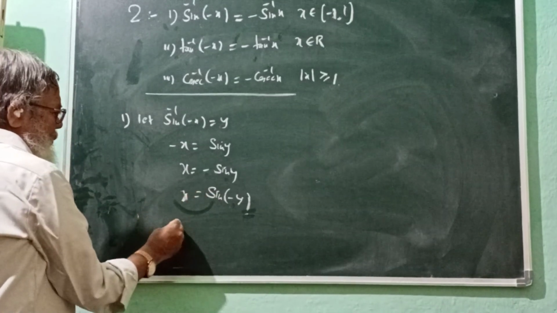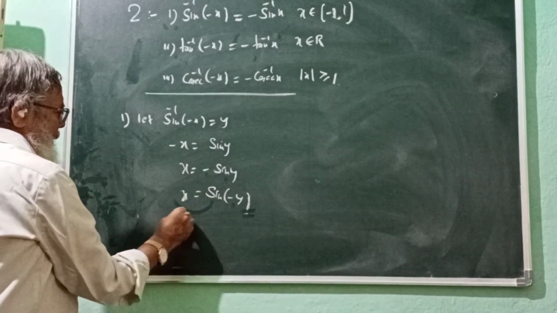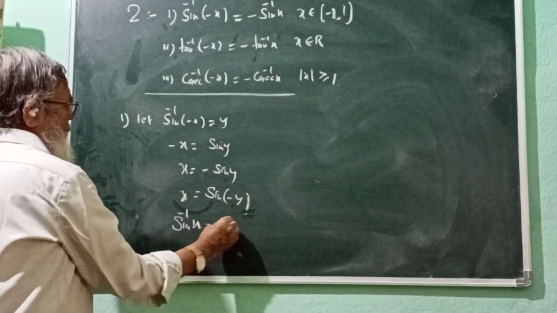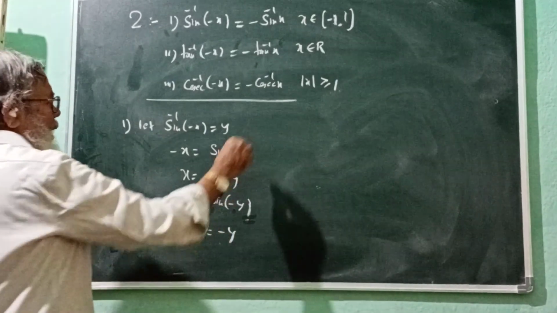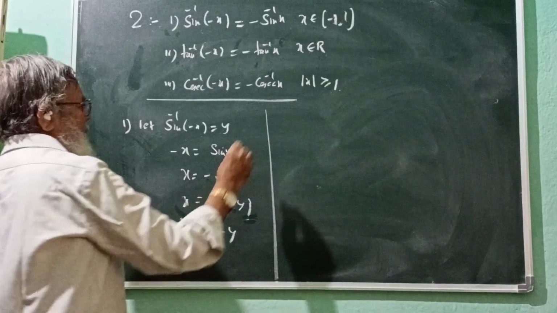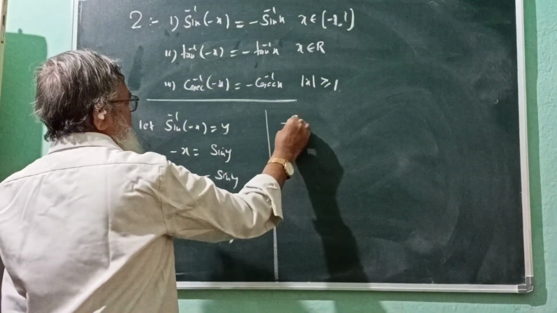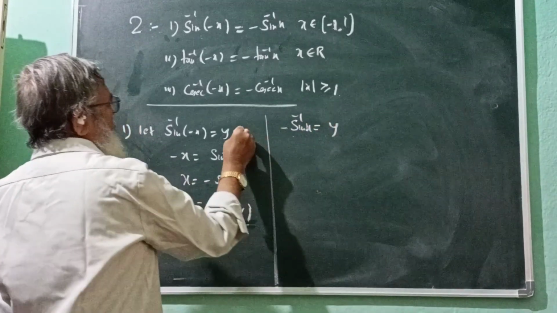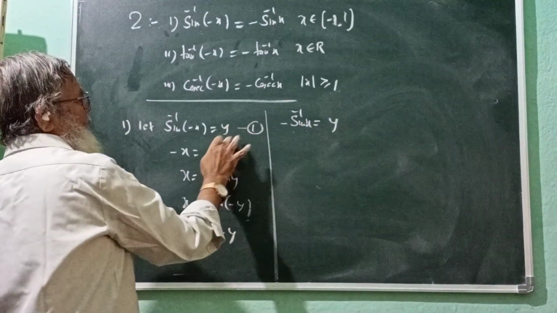Again, we take it to this side. By the definition of the inverse function, sin inverse x is equal to minus y, or multiplying by minus, minus sin inverse x is equal to y. But what is the value of y from equation 1?